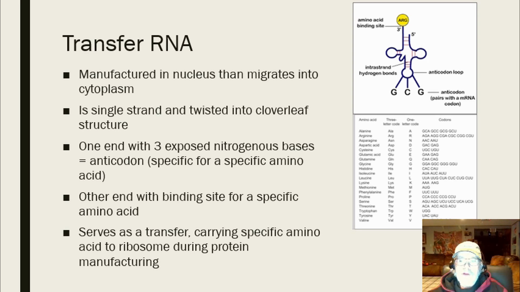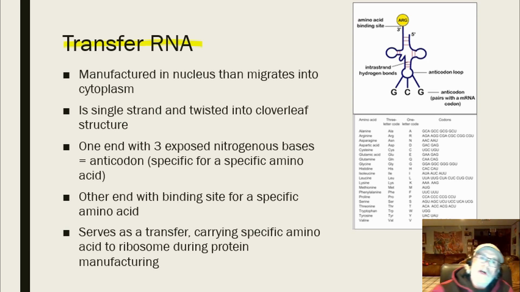Now comes in my third factor, and this is what we call tRNA, or transfer RNA. So now along my rRNA, I have my messenger RNA with a specific codon, which is those 3 nitrogenous bases. They're sticking up.